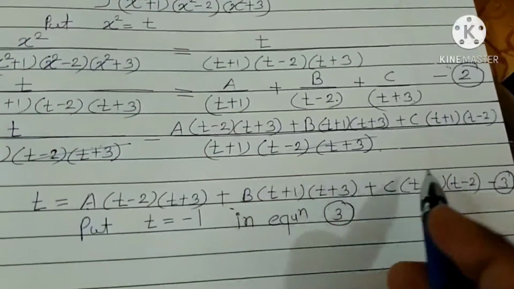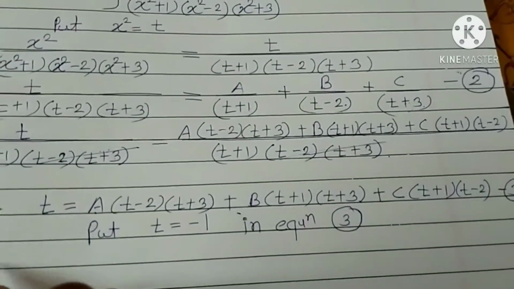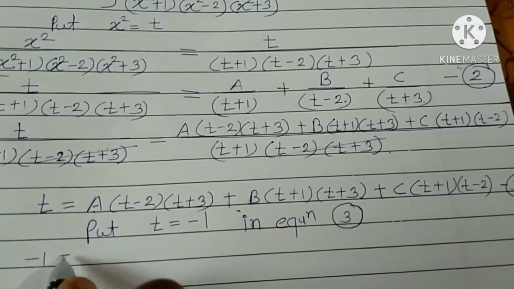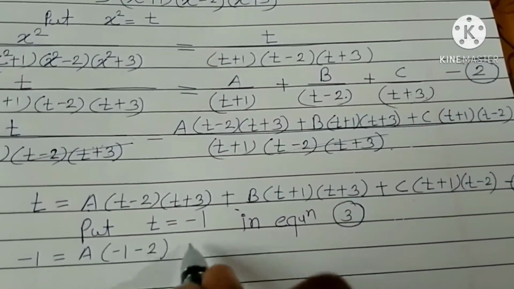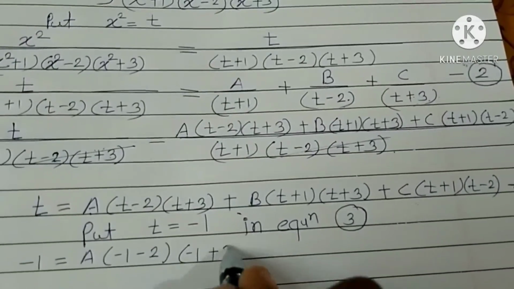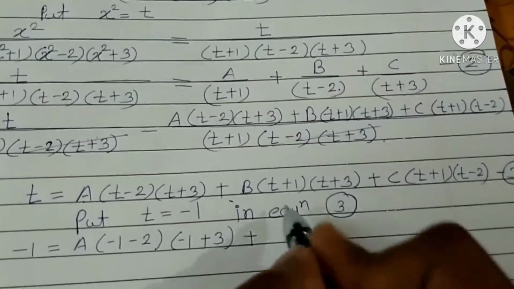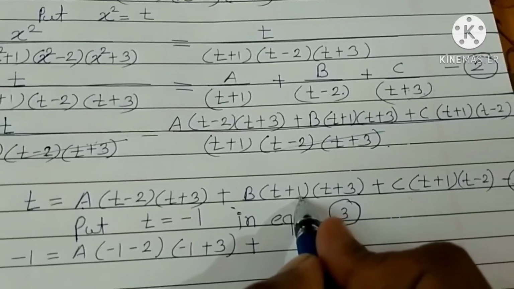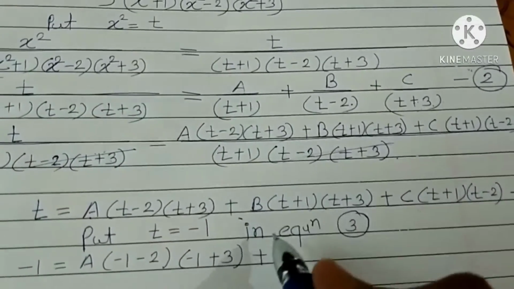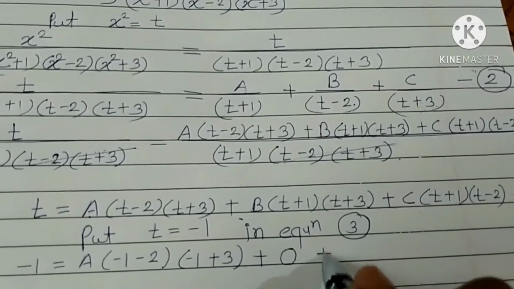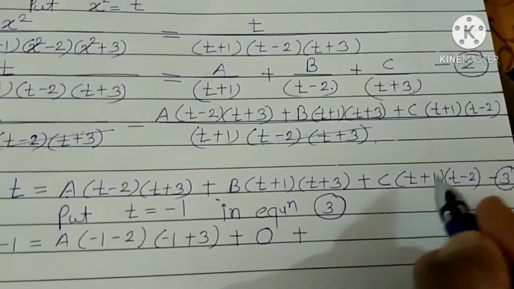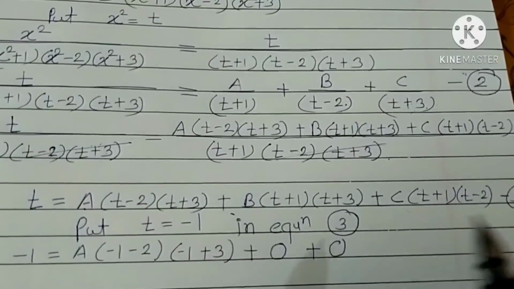So therefore minus 1 is equal to A into (minus 1 minus 2)(minus 1 plus 3) plus B into (minus 1 plus 1), which will become 0. So there is no need to put values of B, it will become 0, plus here also minus 1 plus 1 gives 0. So write here 0.